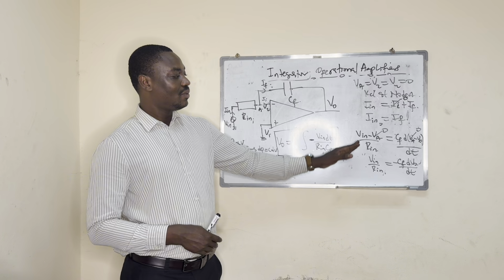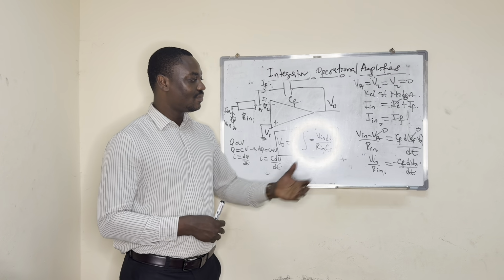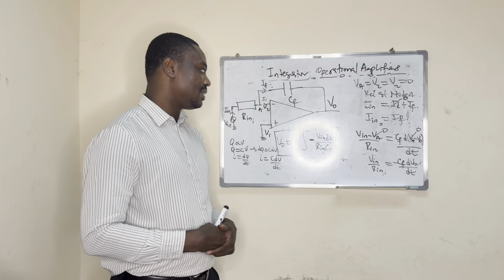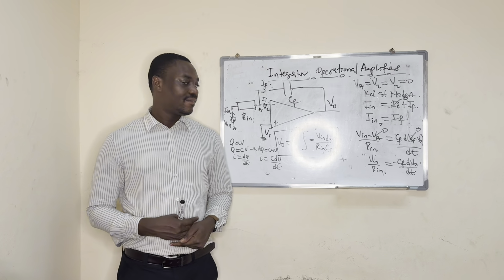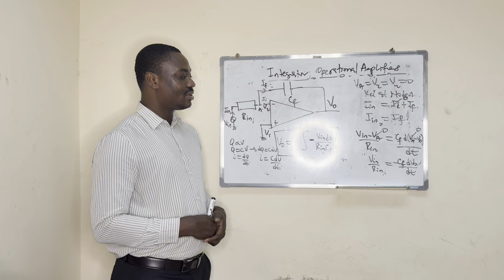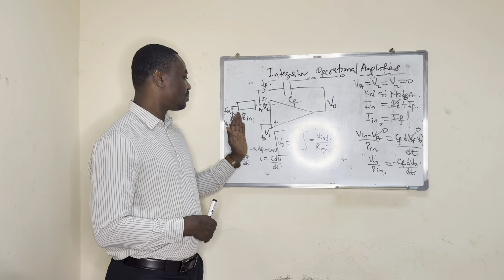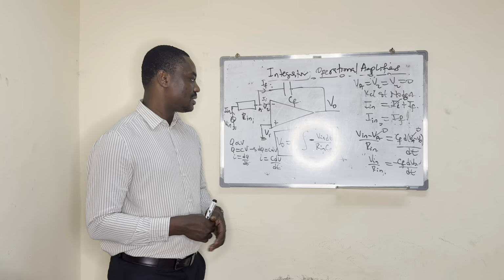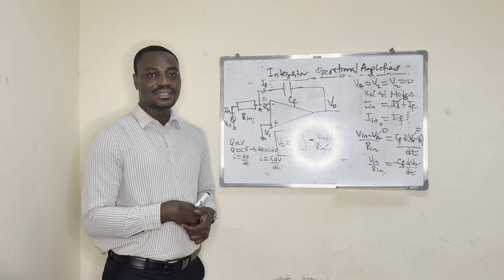Again, we can now use our knowledge of potential difference to get the currents Iin and IF. When it comes to Iin, we take where the current originates, which is the high potential, and where the current arrives is the low potential.